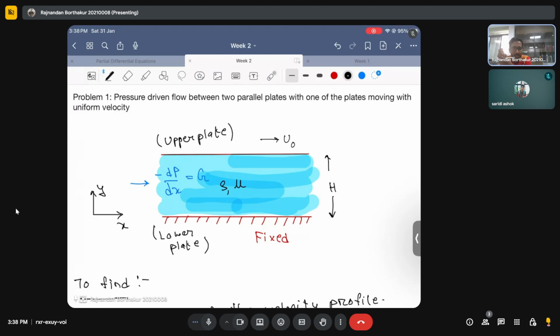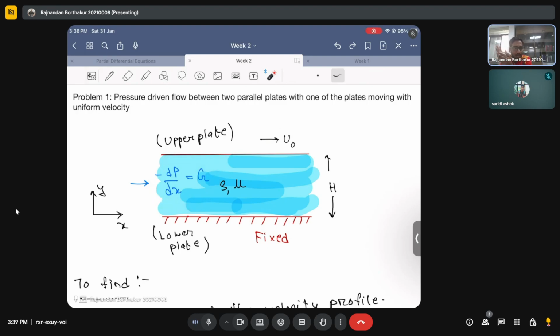In the lecture series we solved two different kinds of problems. One is Couette flow, where the upper plate was moving with some velocity u naught. The other is where both plates were stationary and the fluid was actuated by applying a pressure gradient.